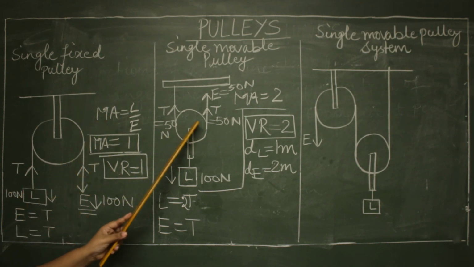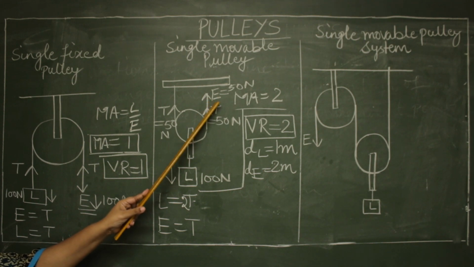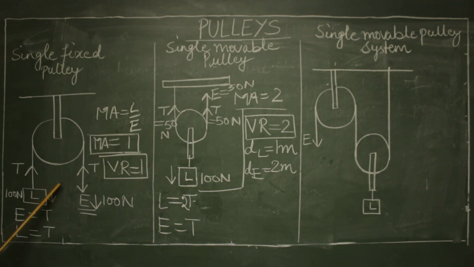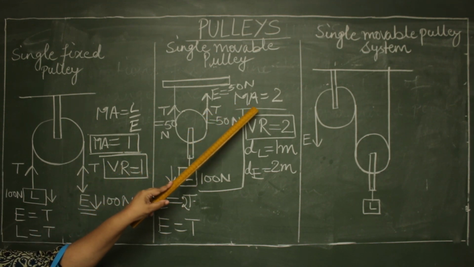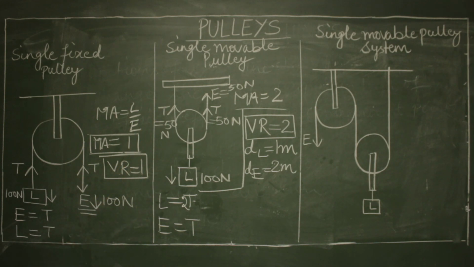However, the major drawback of the single movable pulley is that the effort which you apply is against gravity. The first one has its advantage that the effort is along the convenient direction, but it was not giving us any gain in force. The second one has the advantage that it is giving us the gain in force, but the effort is applied in the reverse direction, that means against gravity.